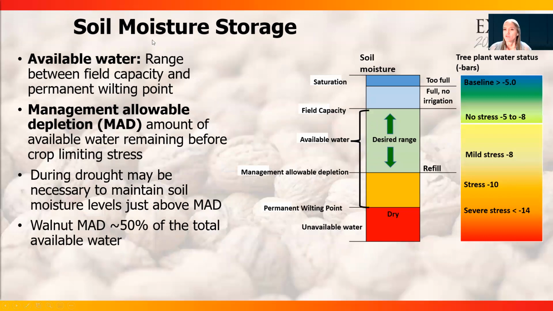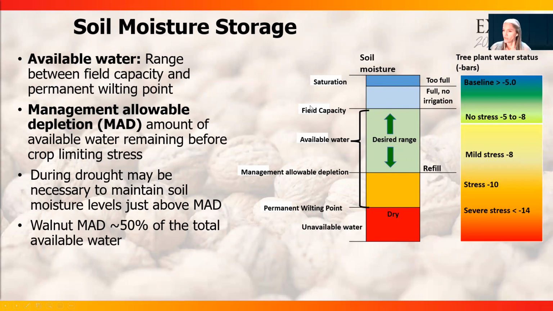So when we talk about soil moisture storage, we need to think about how the soil responds at different levels of moisture in the soil. So the illustration here shows that when we have saturated conditions, there's probably too much water and no irrigation is required.